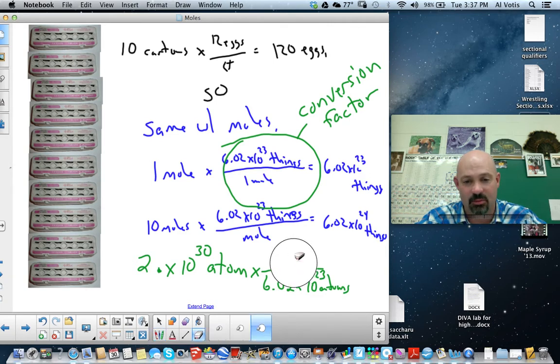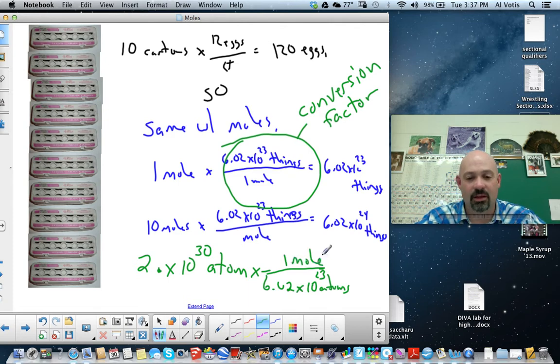I was going to write atoms, but that was going to be wrong. And so that's going to be approximately 3 times 10 to the 6th, because we subtract our exponents. We just do that division, and that's going to be how many moles we have for our substance.